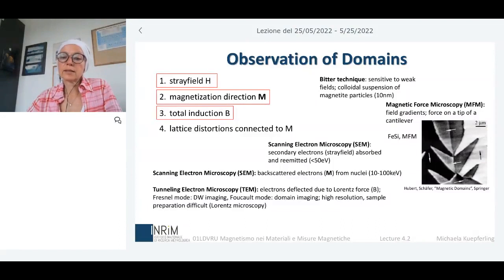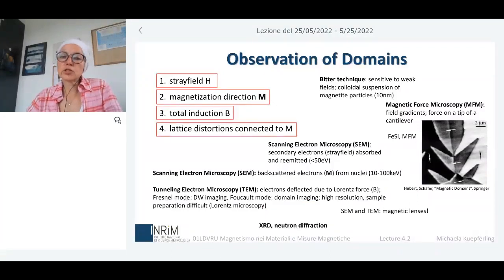And here electrons are deflected due to the Lorentz force. These are techniques that are not so easy to use with magnetic materials, because you have to consider that in a TEM, all beams are focused by lenses which are magnetic lenses, of course, so you have already a lot of magnetic fields, and bringing inside magnetic samples is not always easy.